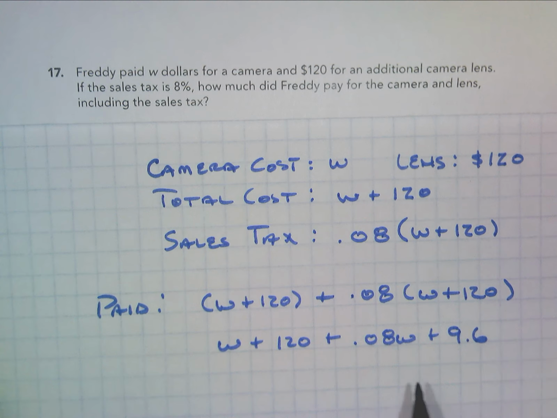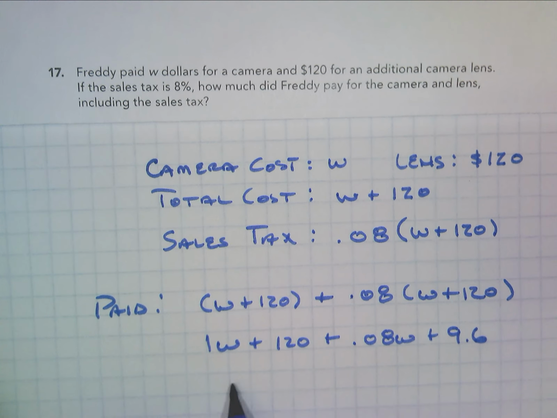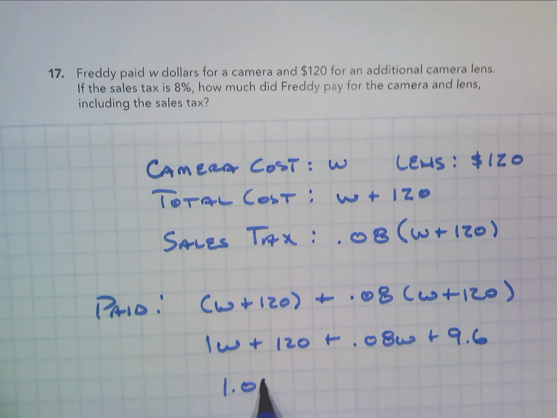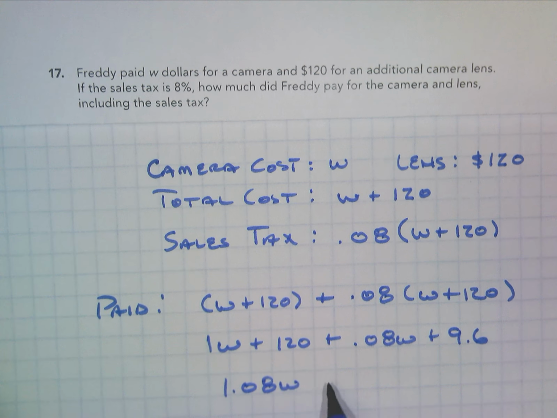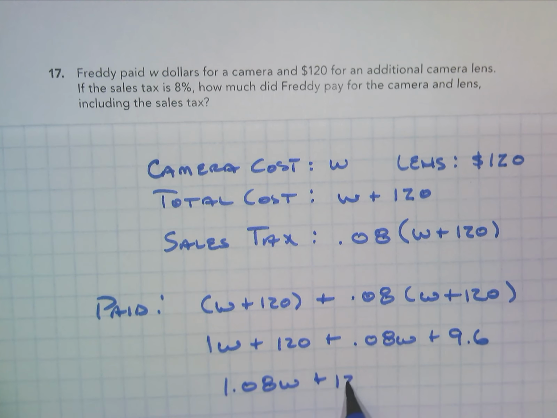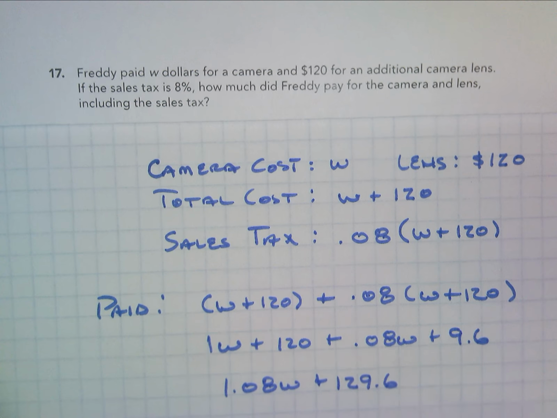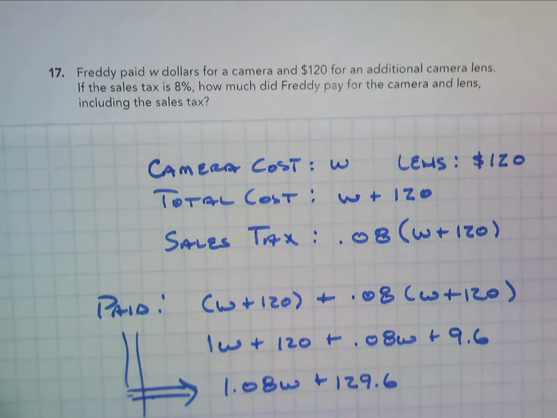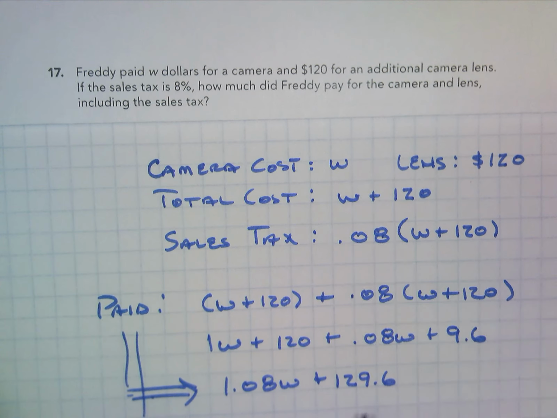So I'll combine like terms. I have 1 W plus 0.08 W, I have 1.08 W. And then I have 120 plus 9.6, I have 129.6. So how much is paid can be represented by that expression. If we knew the cost of the camera, we could just plug it into here and figure out the total amount that was paid.